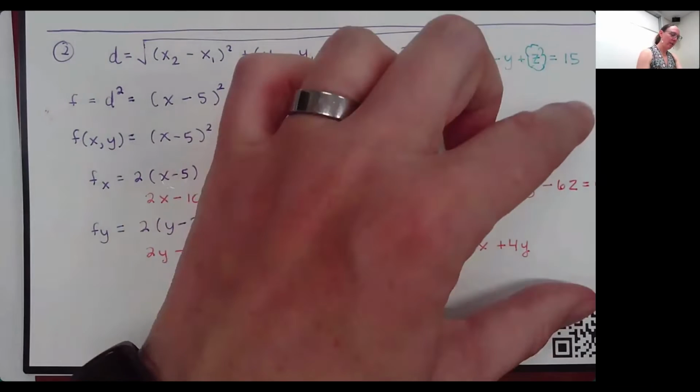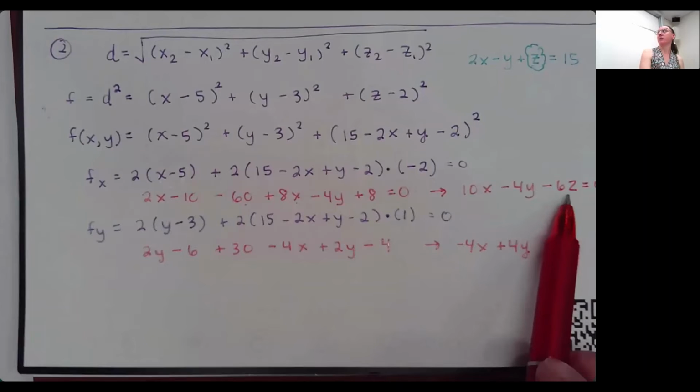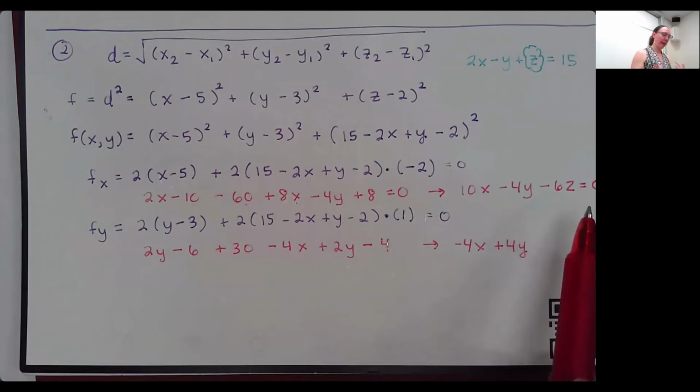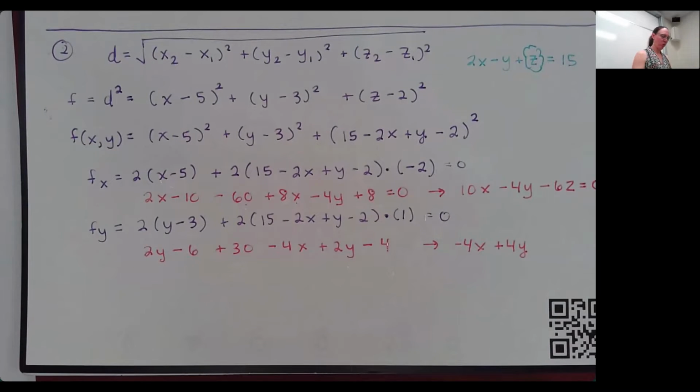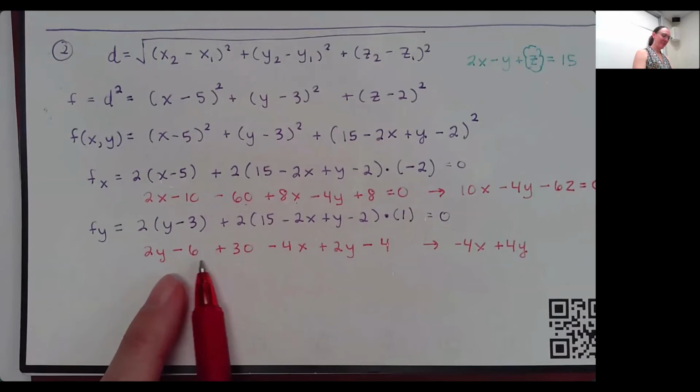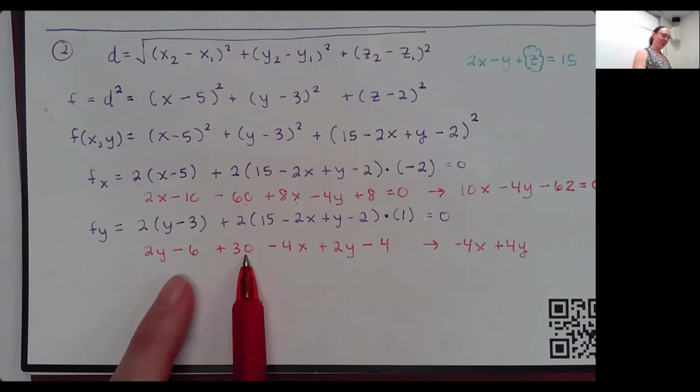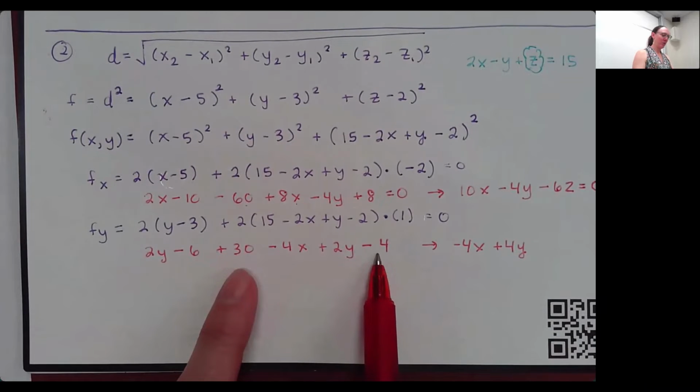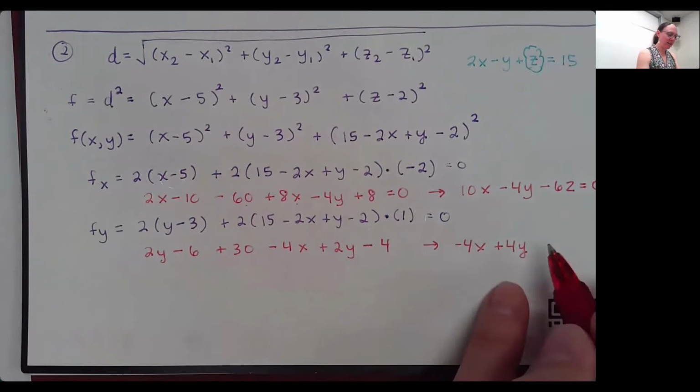I don't know, that started to look like a z to me. It's a 2. I crossed my z's, so we're all good. -6 plus 30 is 24, and then subtracting a 4 means I'm at 20.